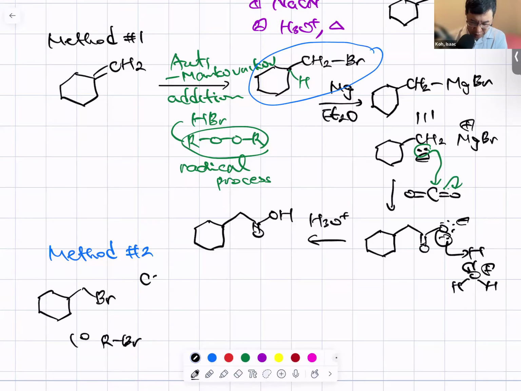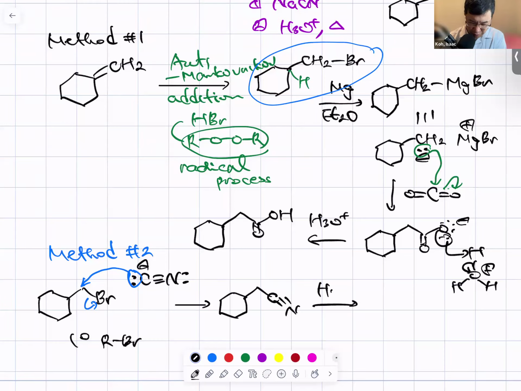Let's use cyanide ion as a nucleophile, which is a relatively strong nucleophile. The lone pair attacks the primary alpha carbon, and bromine leaves as bromide ion, a great leaving group. This makes the nitrile. When you treat this with strong acidic condition, heat is required. We need to reflux for about 1 to 2 hours, an extended time. Then this will be converted all the way to the carboxylic acid.